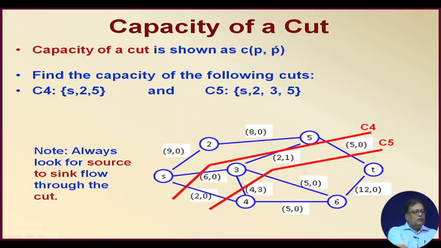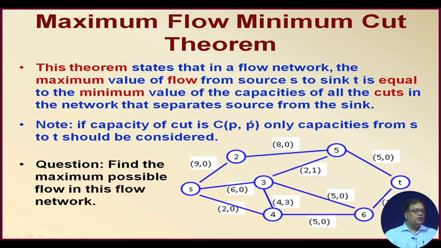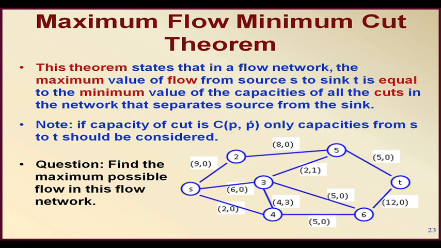So, that is how you have to compute the capacities of the cut, and there is a very important theorem called the maximum flow minimum cut theorem. This theorem states that in a flow network, the maximum value of flow from source to sink is equal to the minimum value of the capacities of all the cuts in the network that separate source from the sink.